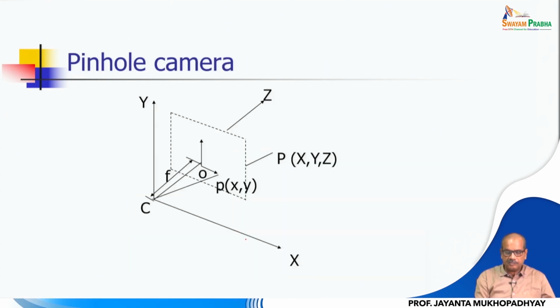So, let us now consider the relationship between the 3D coordinates and the 2D coordinates of the image plane. Also let us understand the configuration of this kind of simple imaging system, which we call a pinhole camera system, because here the pinhole is the center of the lens. It is acting like a hole through which the projection rays are passing, and those rays are intersecting the plane of projection, forming the images.